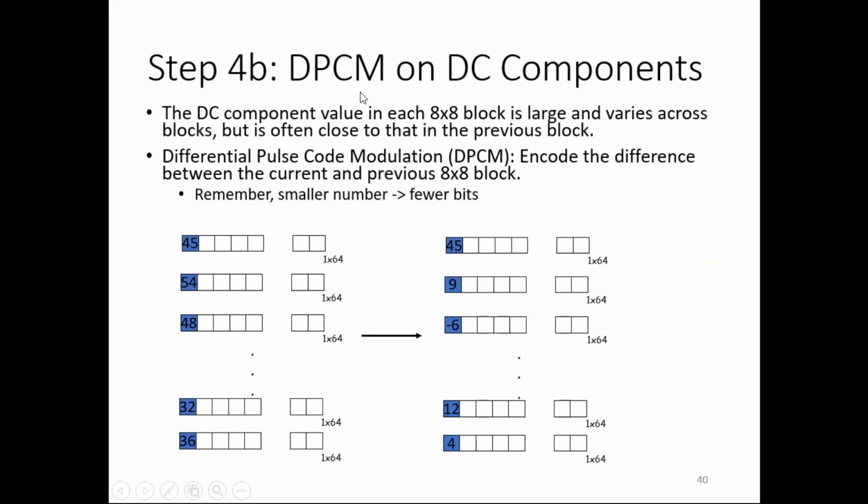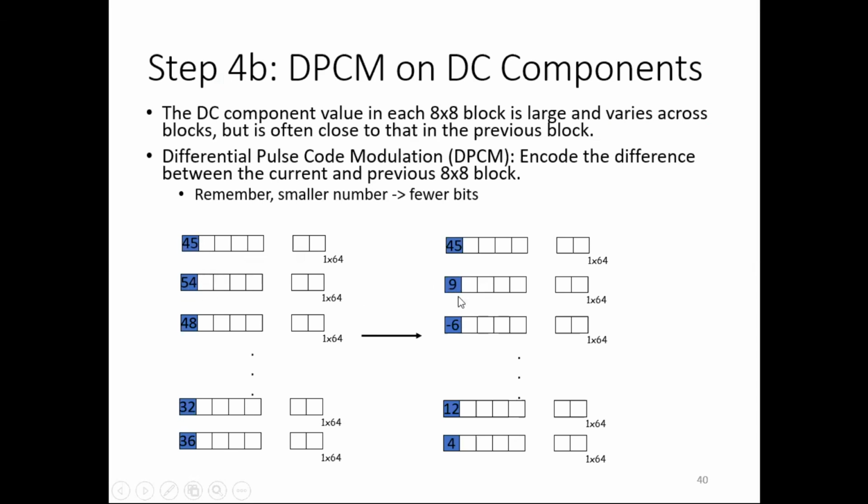Then we apply the DPCM algorithm to this DC factor. We subtract the previous number from the next one. First, we take 45 and place 45 as the first element after applying DPCM. Then, taking 54, we subtract 45 from it, and the difference is 9, right?